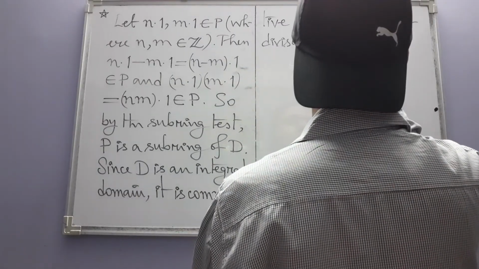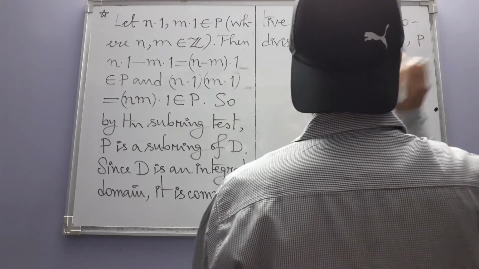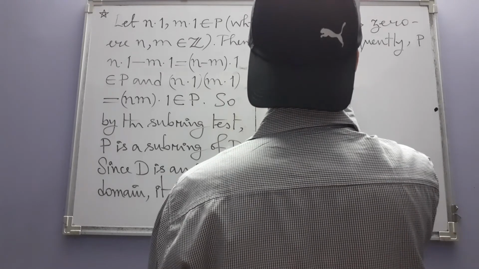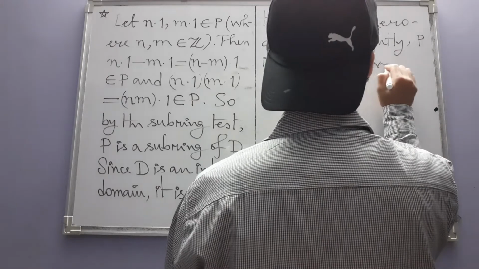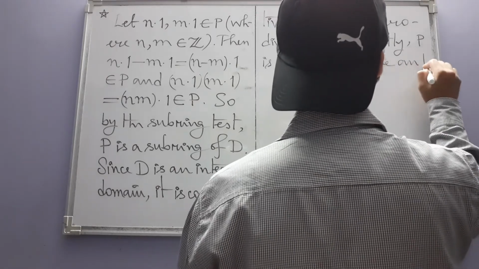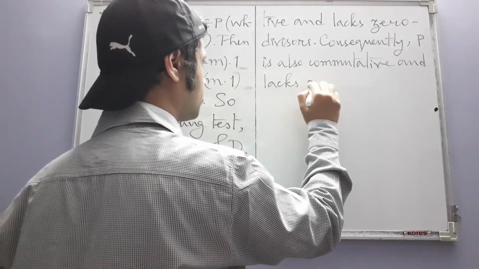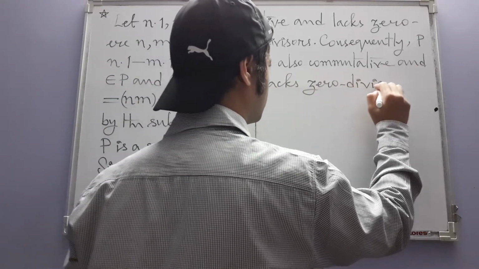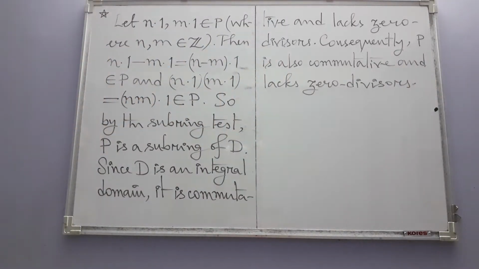Consequently, P is also commutative. And lacks zero divisors.